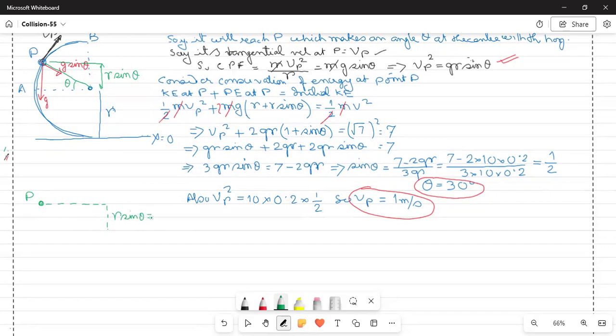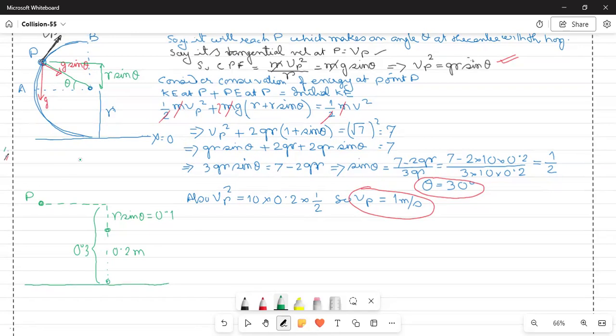R is 0.2 and sine theta is sine 30, half. So this is equal to 0.1 meter. That means vertically it reaches just the half point. This was the center of the curve, and the radius of it was 0.2 meter. So the total height is 0.3 meters till the ground.